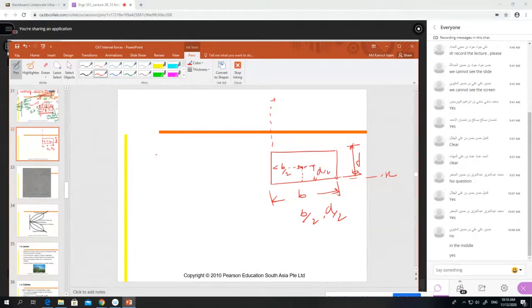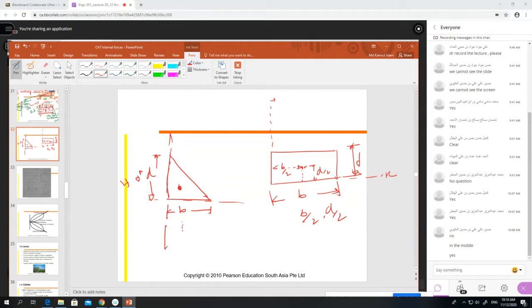Here is the center. Now, if we draw a triangle like this, here is b and here is d. Sometimes we show it by d or h, it doesn't matter. The center will be here.